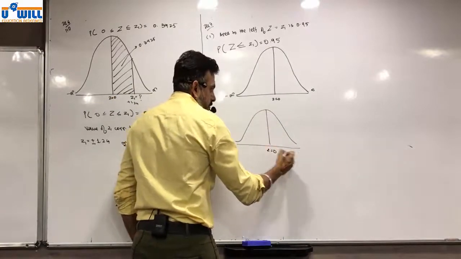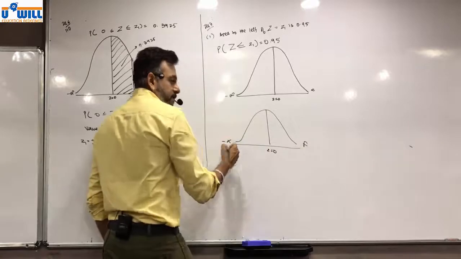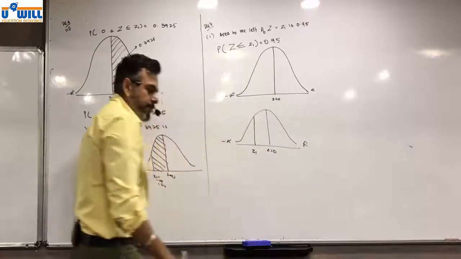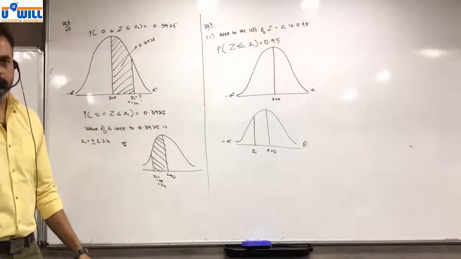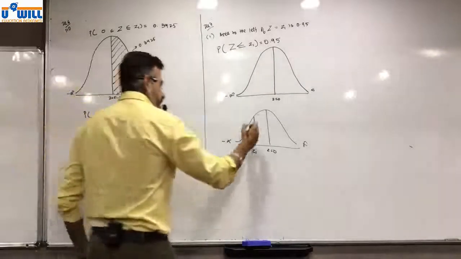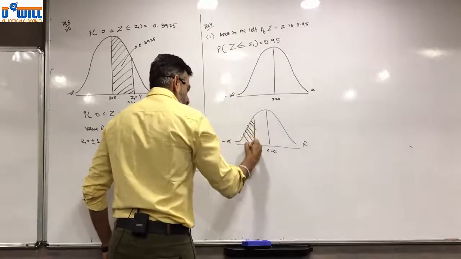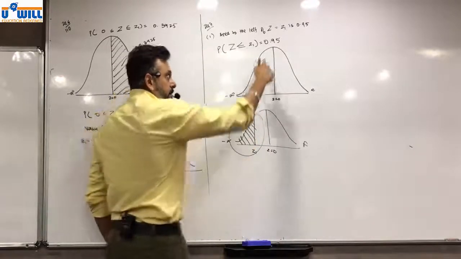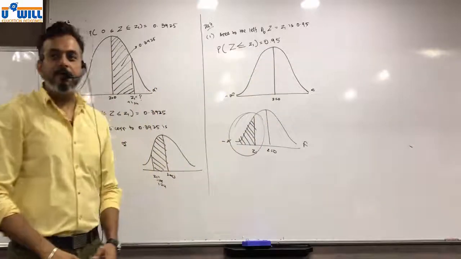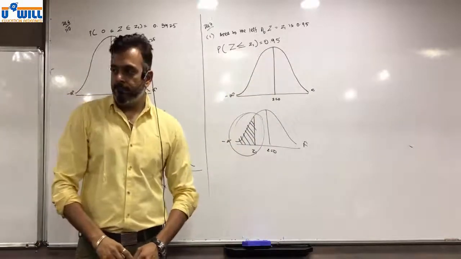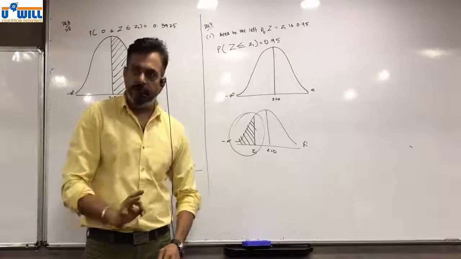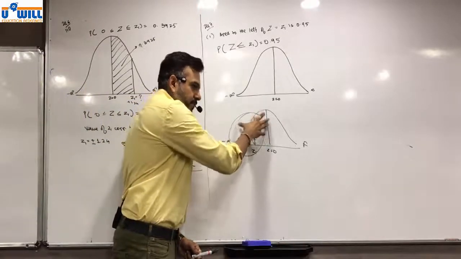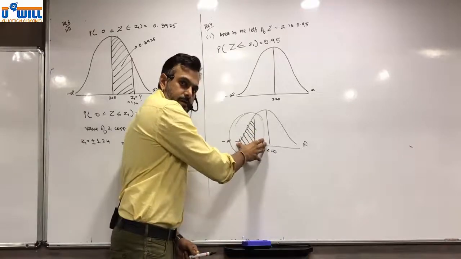Z is equal to 0, infinity, minus infinity. If I take z1 over here, which side should I do the shading? Right or left? Left. Very good. Now, is this area 0.95 or 95%? It is covering something which is even less than 50% because this is 50%.